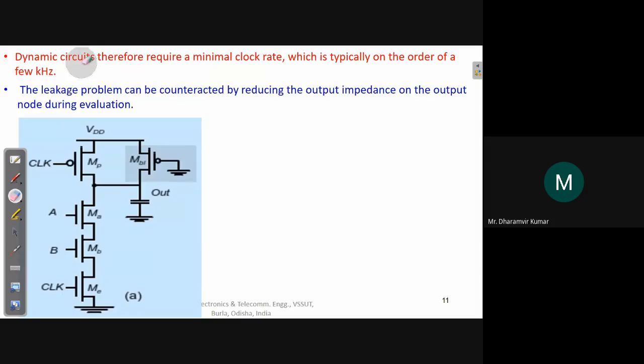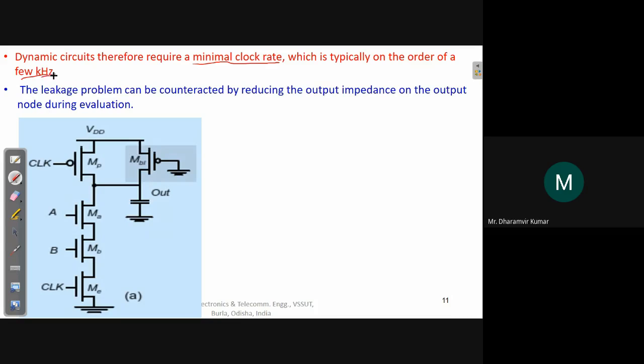What is the solution for this charge leakage problem? Because the charge is getting leaked away during every evaluation phase of the clock half cycle, it becomes a necessity to have a minimal clock rate, which is typically of the order of a few kilohertz.